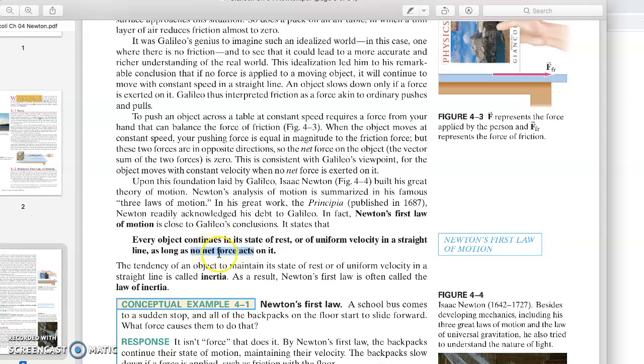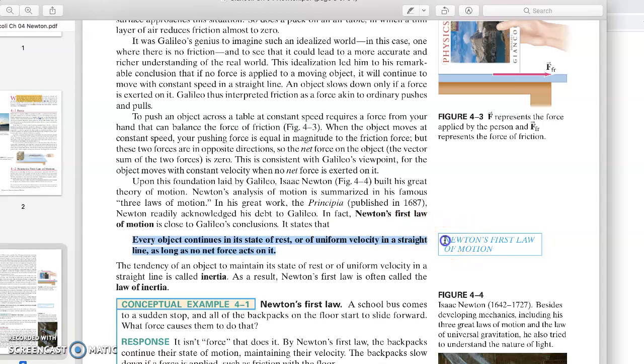But it's more accurate to say no net force acts on it. I like this better. This is more accurate. You will come back to this word net once we explain the forces acting on the object. So this is the best explanation for Newton's first law of motion.